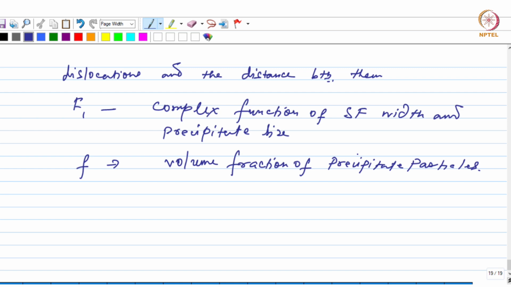The next one is ordered structure hardening. This is similar to what we have discussed before for solid solution strengthening.